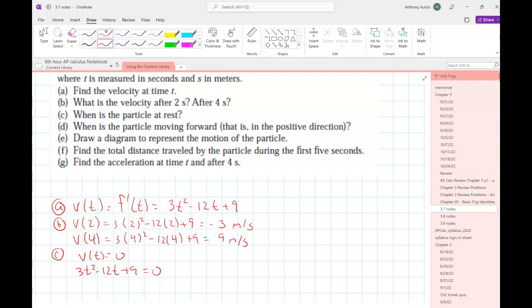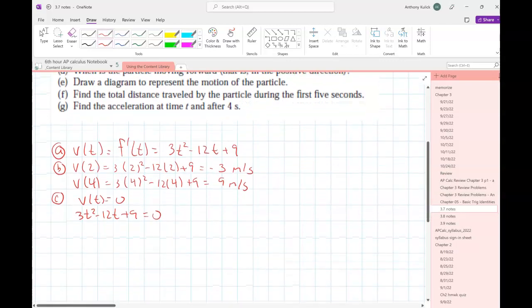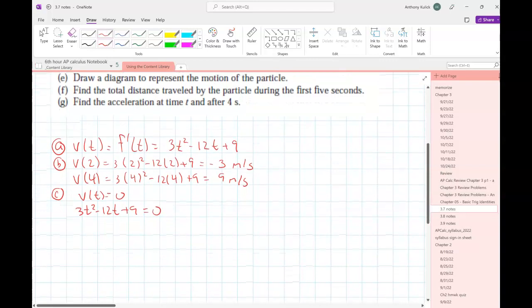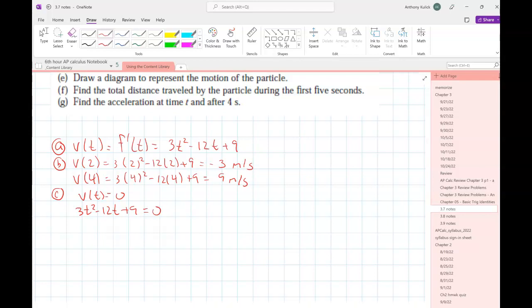Very good. To solve a quadratic equation, what are some of the possible techniques I might use? Quadratic formula. Factoring are the primary 2 that I would use. Since I'm doing this mostly by hand, I would try factoring. I noticed that if I look at the coefficients, they're all divisible by 3. So I would probably start there.